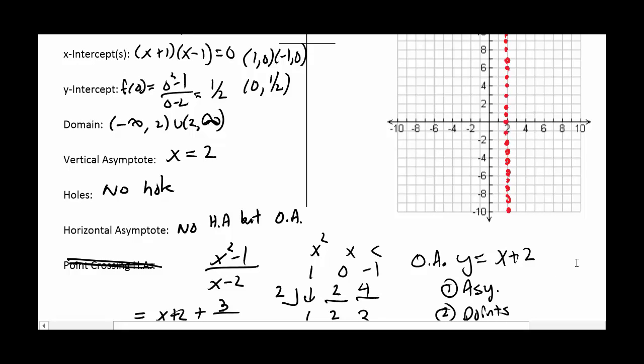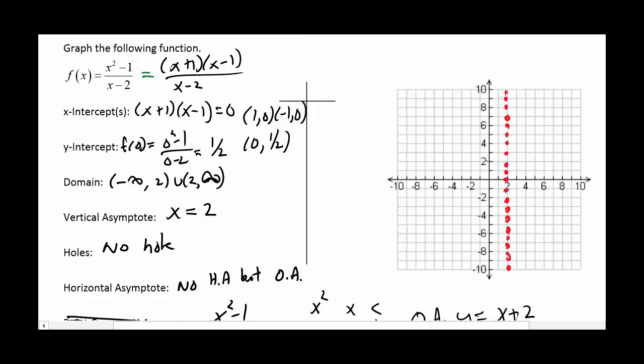Well, we've actually practiced graphing linear equations recently. So that says I'm going to cross the y-axis at 2 and go up 1 and over 1 for my slope. So up 1 over 1, up 1 over 1, up 1 over 1. Okay, down 1, down 1, down 1. So we can see this diagonal line that it's going to approach.